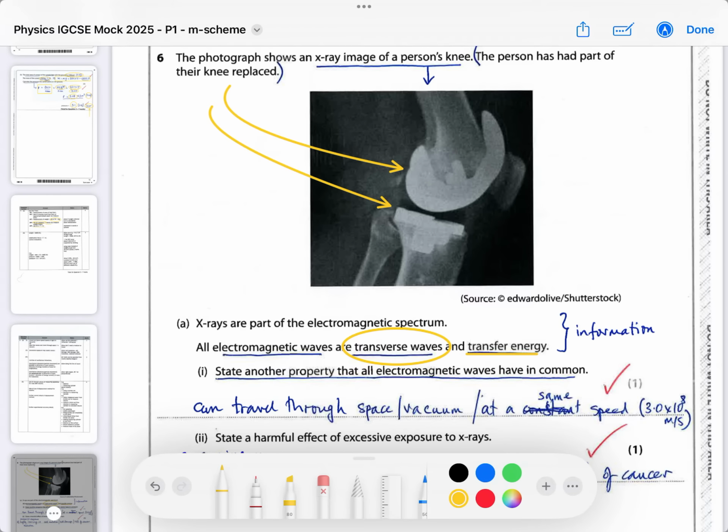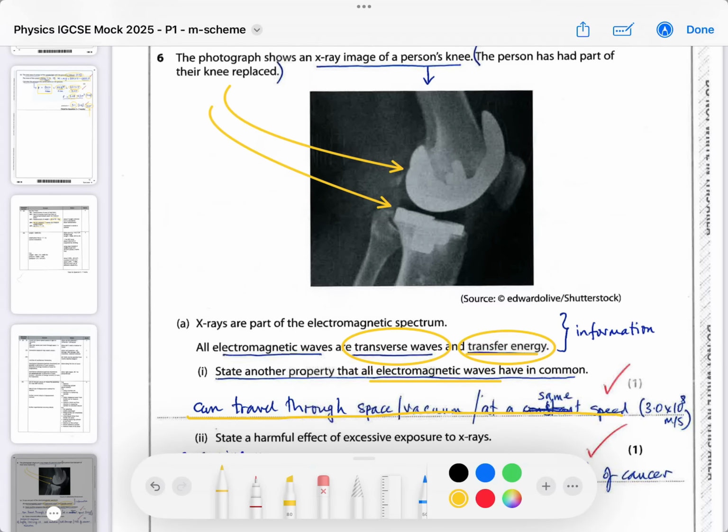State another property that all electromagnetic waves have in common, other than the fact that they are transverse and transfer energy. Well, they can all travel through space or vacuum at the same speed.